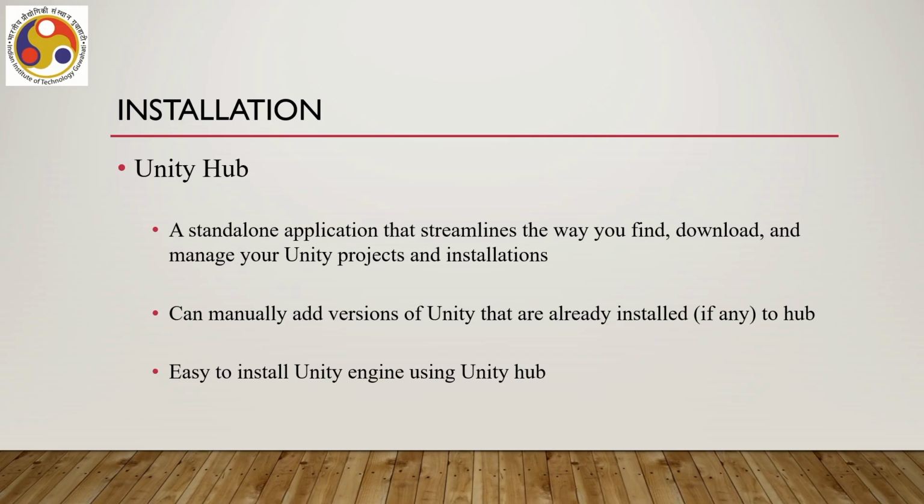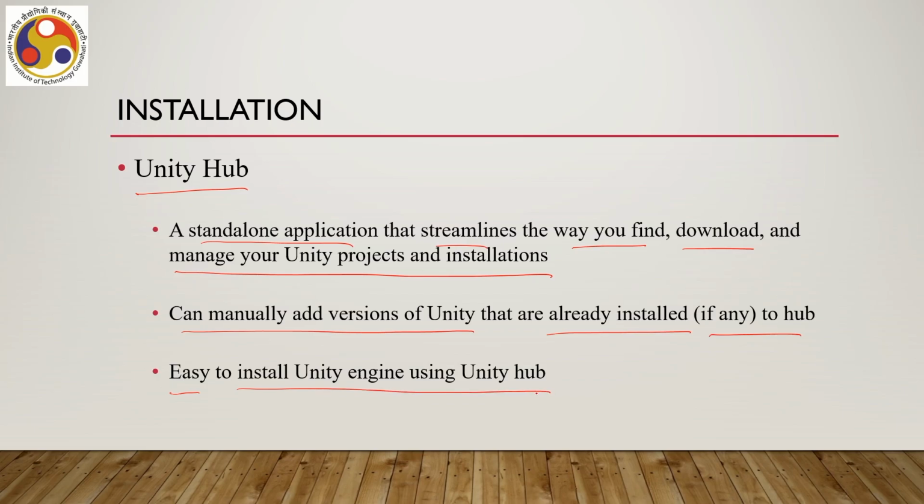Now, Unity Hub essentially is a standalone application that streamlines the way you find, download and manage your Unity projects and installations. It can manually add versions of Unity that are already installed in your system, if any, to the hub, and it makes it easy to install the Unity engine. So, it is easy to install the Unity engine using the Unity Hub package.